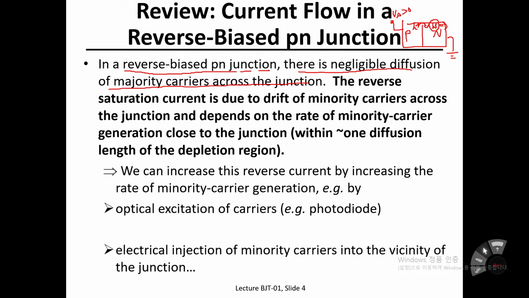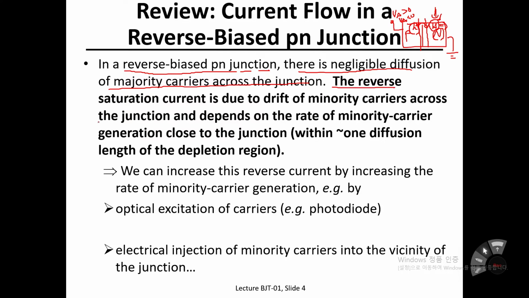But if this applied voltage is reversed, then the potential energy barrier between the P and N region is increased a lot, so this injection can be blocked. So this diffusion of majority carriers, the holes in the N region, is negligible.